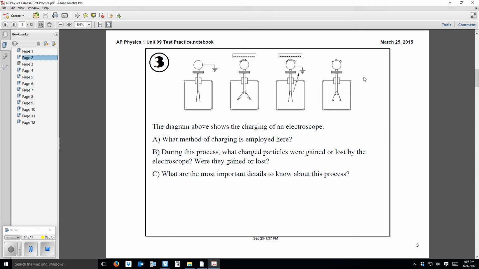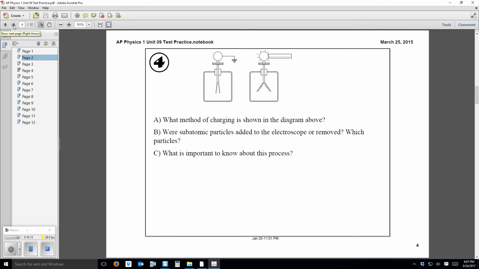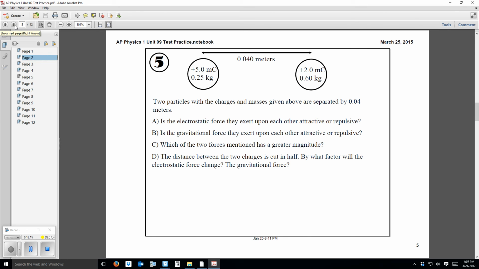Here, the electrostatic force can be repulsive. It can be attractive sometimes, as long as positive or negative. The gravitational force is always attractive. Of the two forces mentioned, which has a greater magnitude? Because we're working on the small scale, relatively small kilograms, our electrostatic force is going to be much, much bigger. And the distance is cut in half.